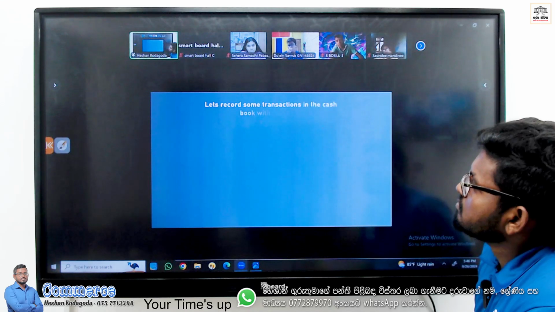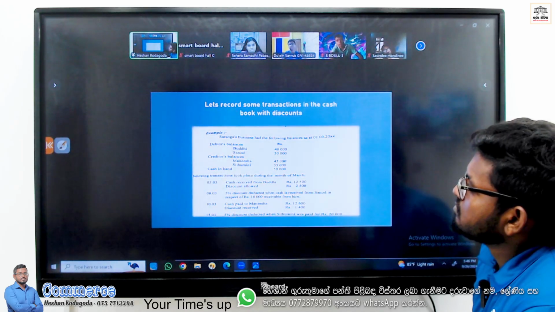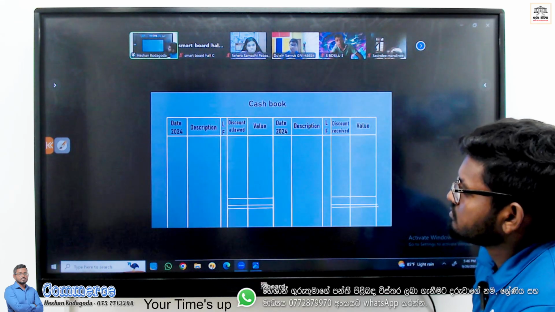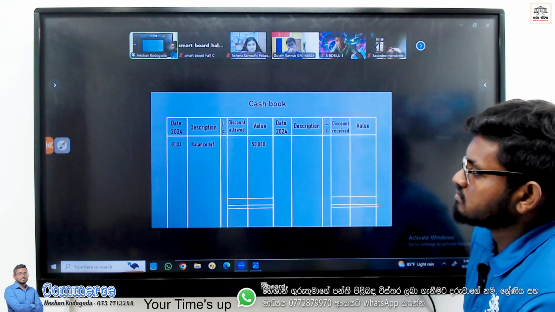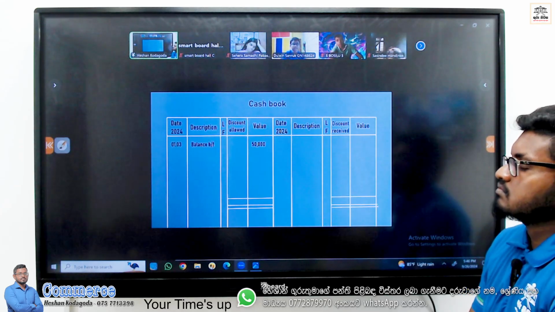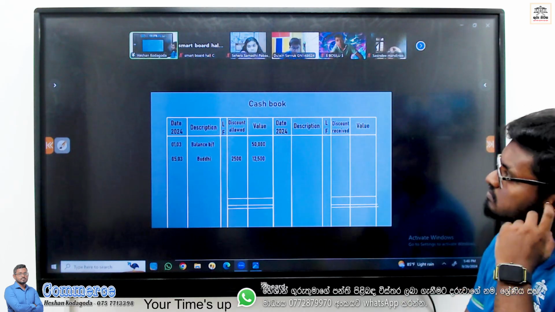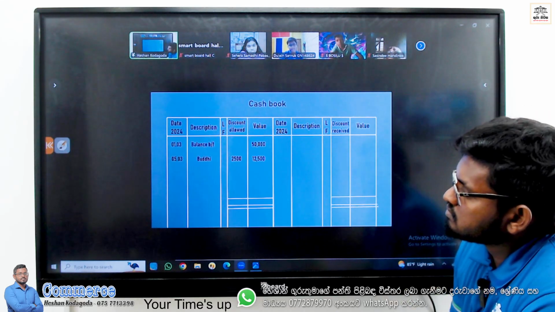Let's record some transactions in the cash book with discounts. These are the transactions that I'm going to record. The balance brought forward is 50,000 on the debit side. Cash book debit, book the account credit.